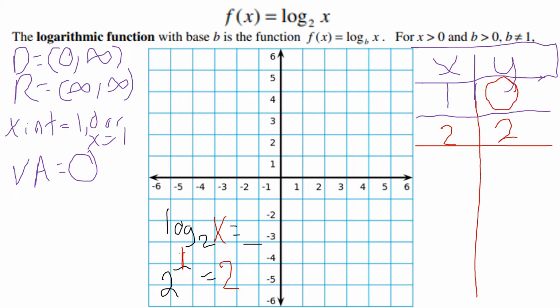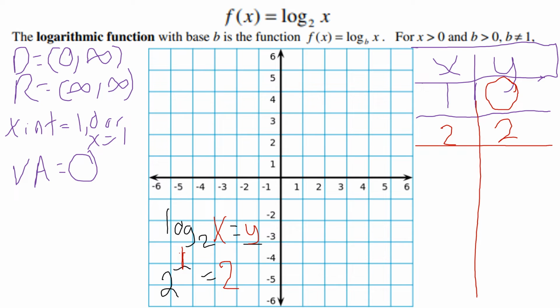Now be careful with this, because for a moment I was about to trip. I was about to put 1 there. Remember, y is at the top, and you're trying to figure out what y is.